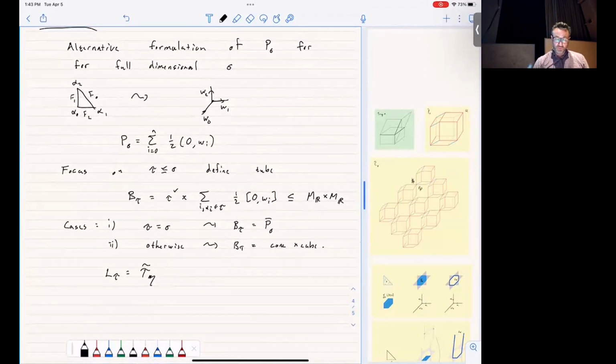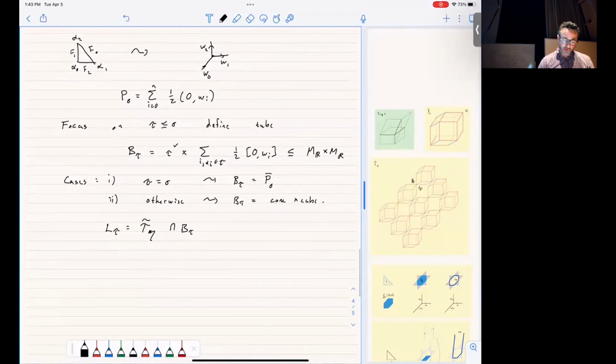And so what is L tau? It's this intersection. Let me call it a proposition: in case one, L tau is a topological sphere. In case two, L tau is a ball.